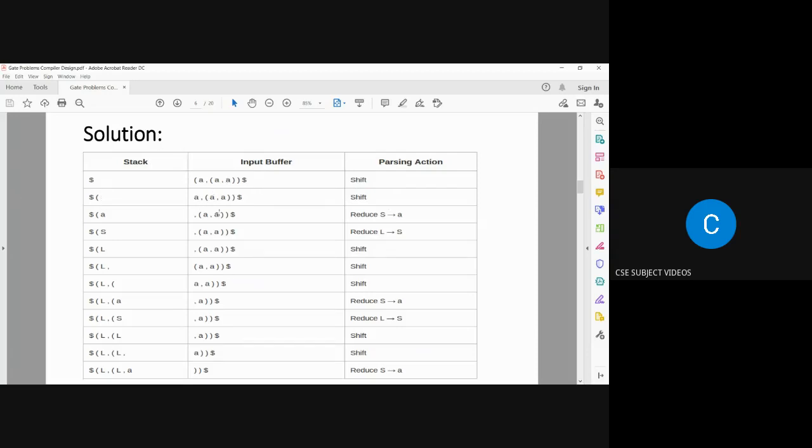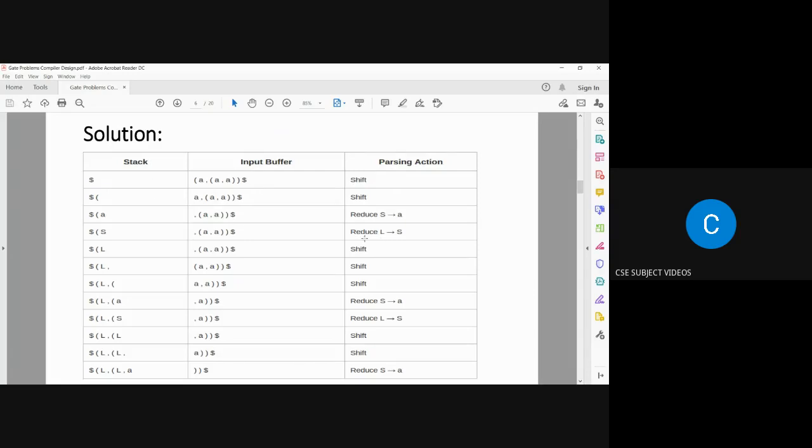Now input symbol a shifted to stack top. Now open bracket a on the top of the stack, and then remaining input symbols comma open bracket a comma a close bracket and then dollar. Okay, with this what we can do, shift operation or reduce operation, we have to think that.